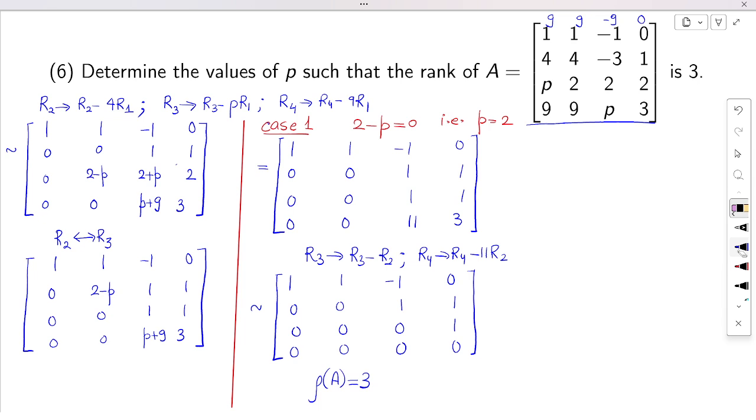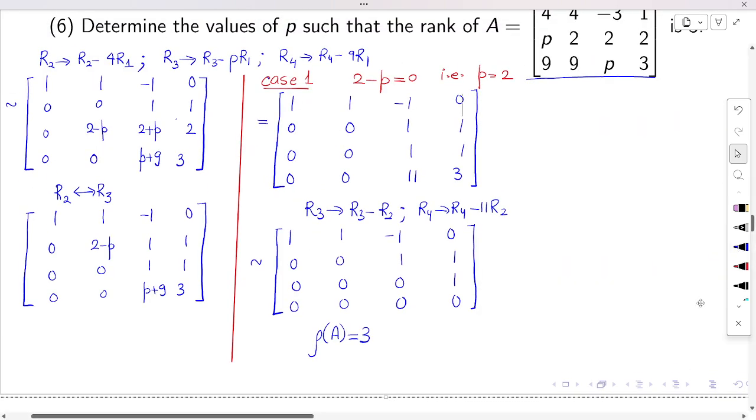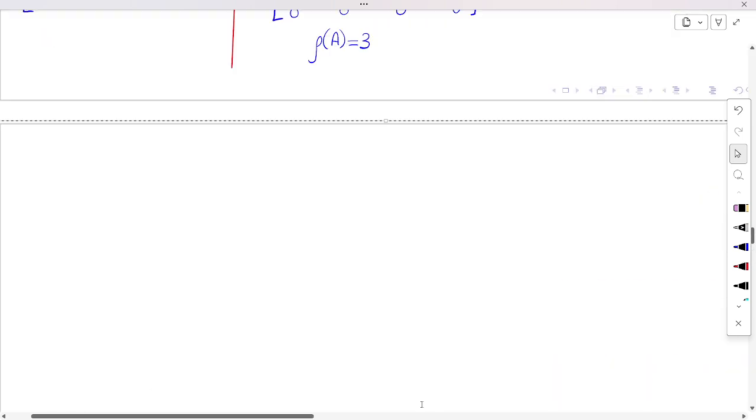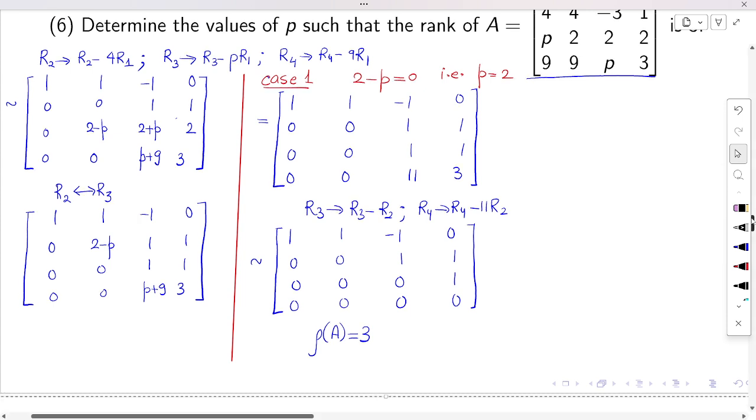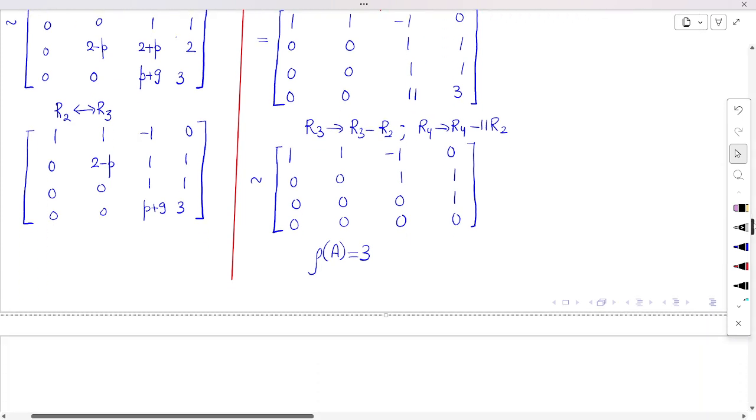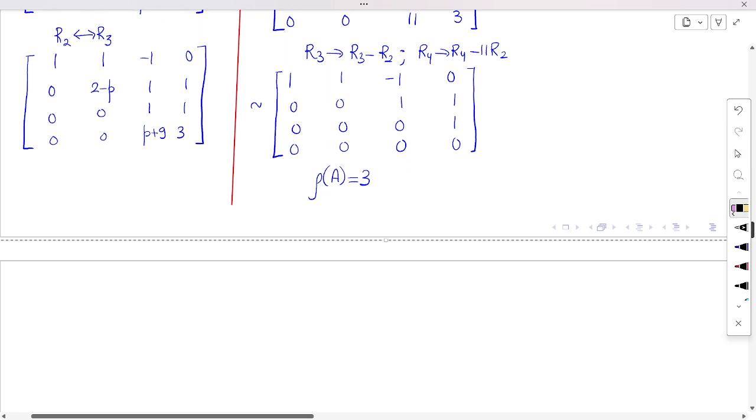To investigate those values, we investigate case number 2, when p minus 2, or 2 minus p, is not equal to 0.